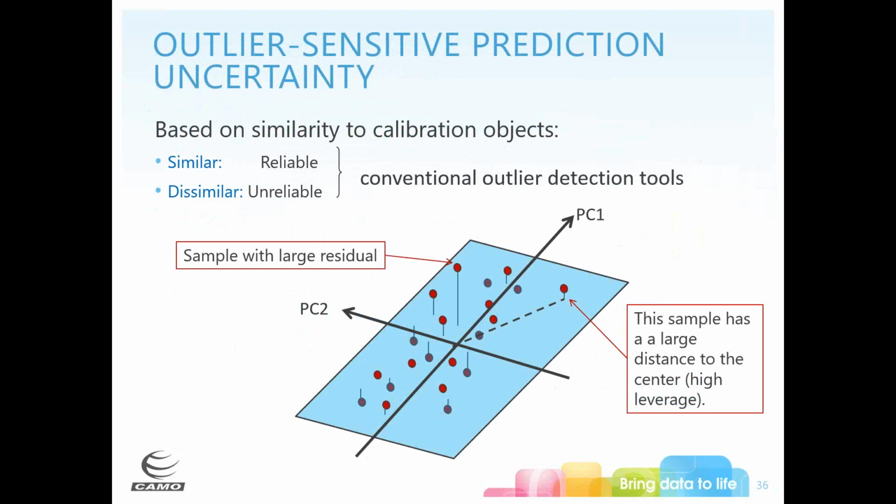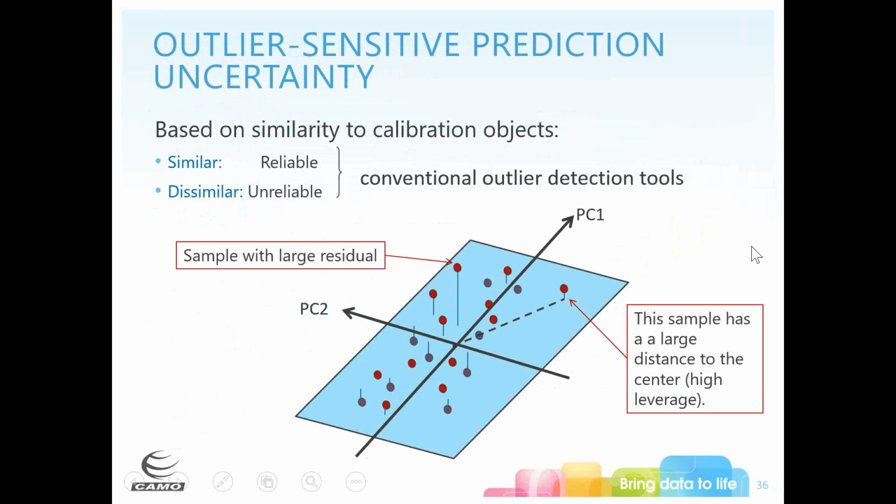This is just an overview of what makes things an outlier. If something is similar, it's going to be reliable. If it's dissimilar, it's going to be unreliable. And these are the tools we look at: how far from the center of the model it is, and how far outside of the model it is.